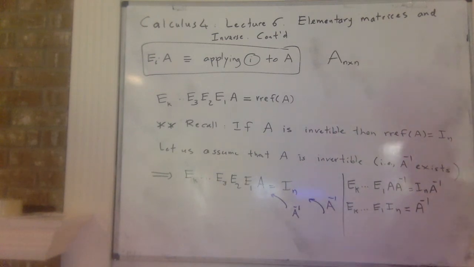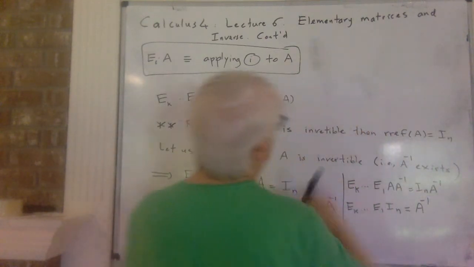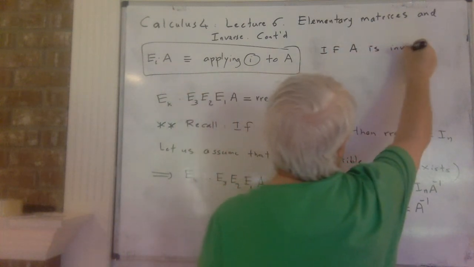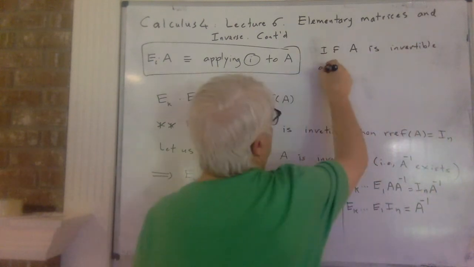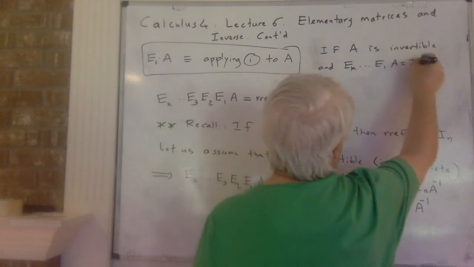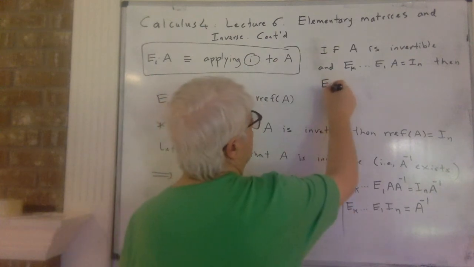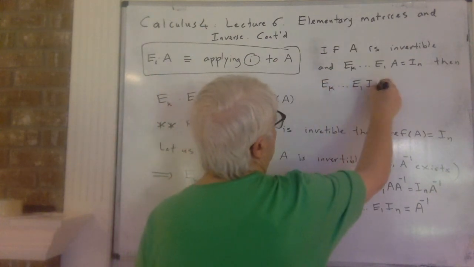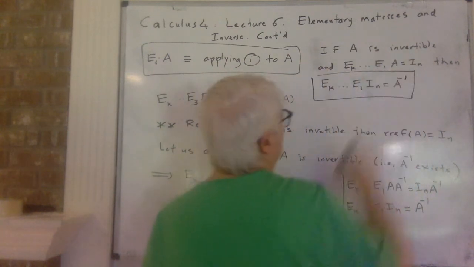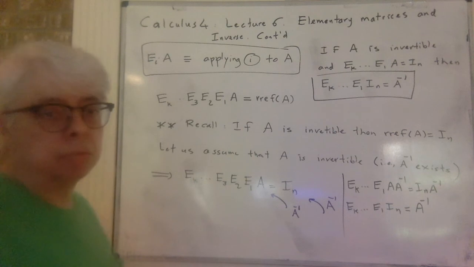Okay, so this is what I got here. So if A is invertible and EK up to E1A gives me IN, then look at this. EK up to E1 times IN is A inverse.